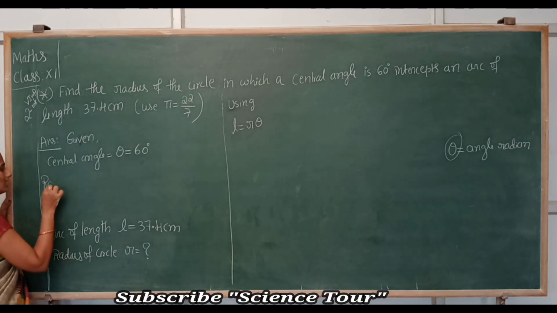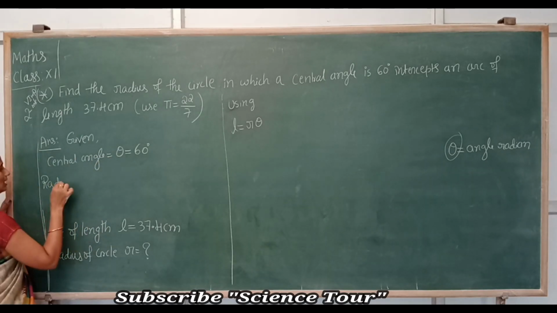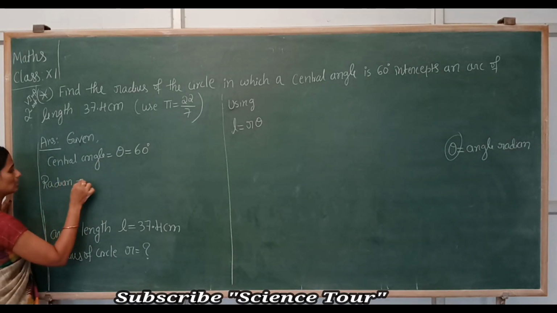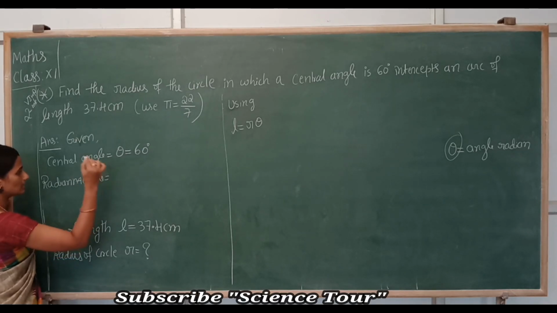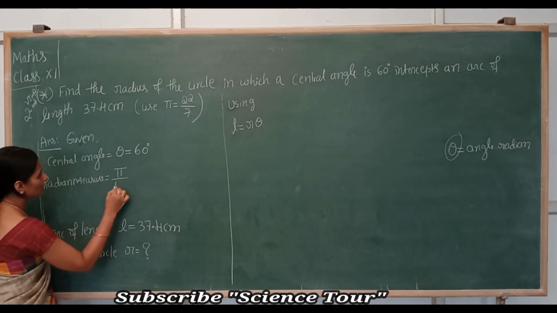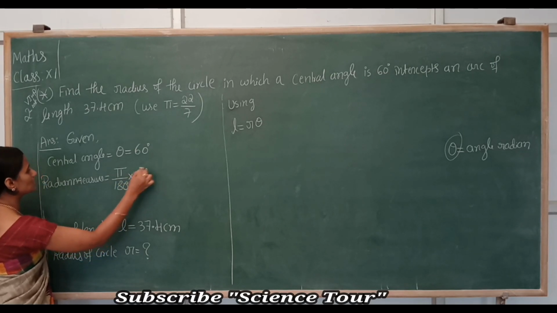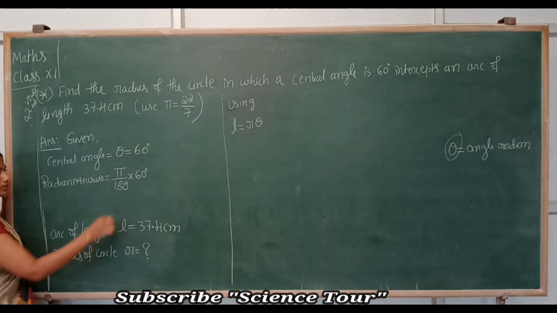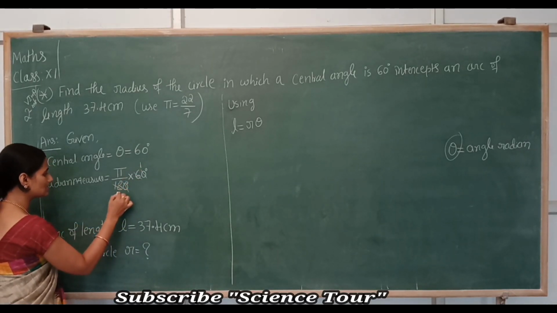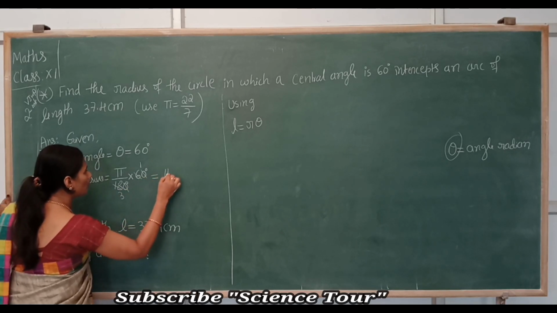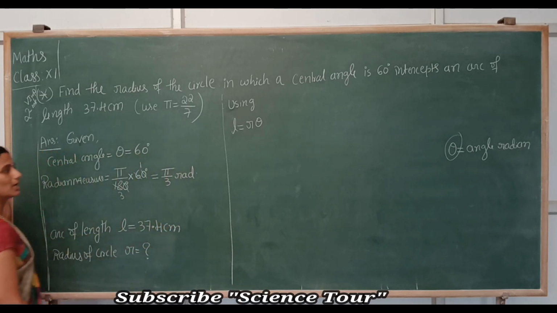Radian measure is equal to pi divided by 180 into 60. 60 means it is degree measure. So how much it is? 0 and 0 cancel, 6 ones are 6, 6 threes are 18, so that is equal to pi divided by 3 radian.